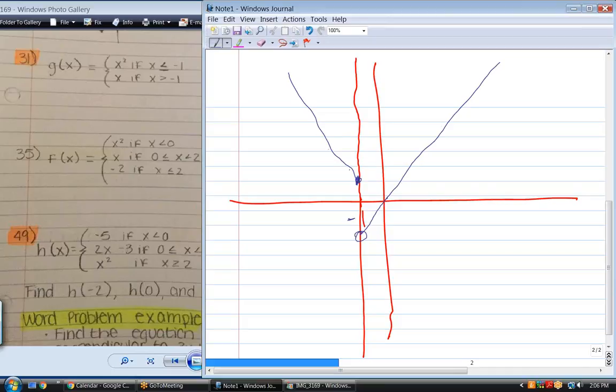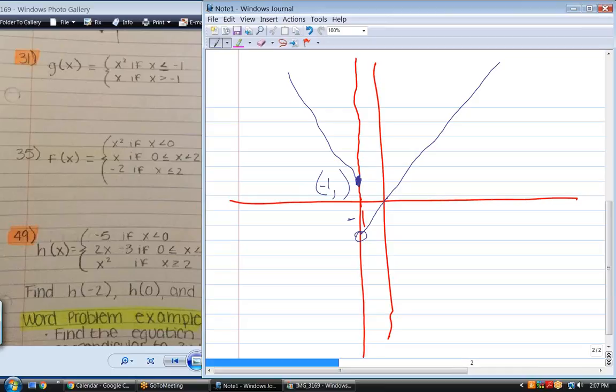This is a parabola. The better way to do this is to figure out what the coordinates on that point right there are. The coordinates of that point would be -1, comma. Is that supposed to be a 0, or is that positive?